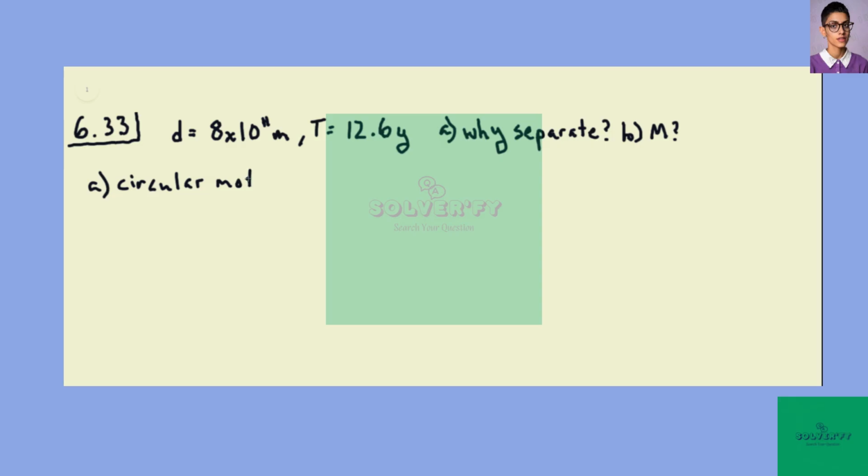So the reason that they don't crash into each other is because of their circular motion. This is the same reason that planets continue orbiting the sun, for example.